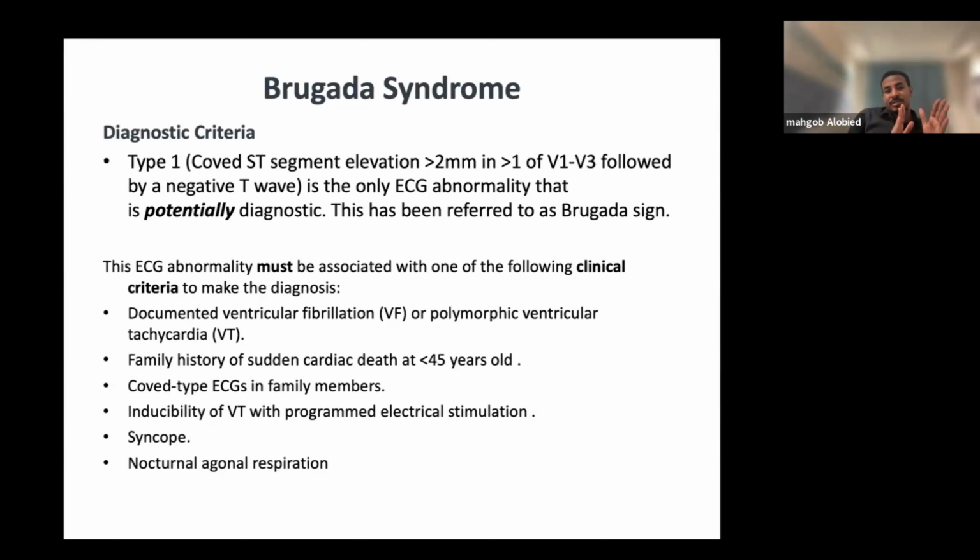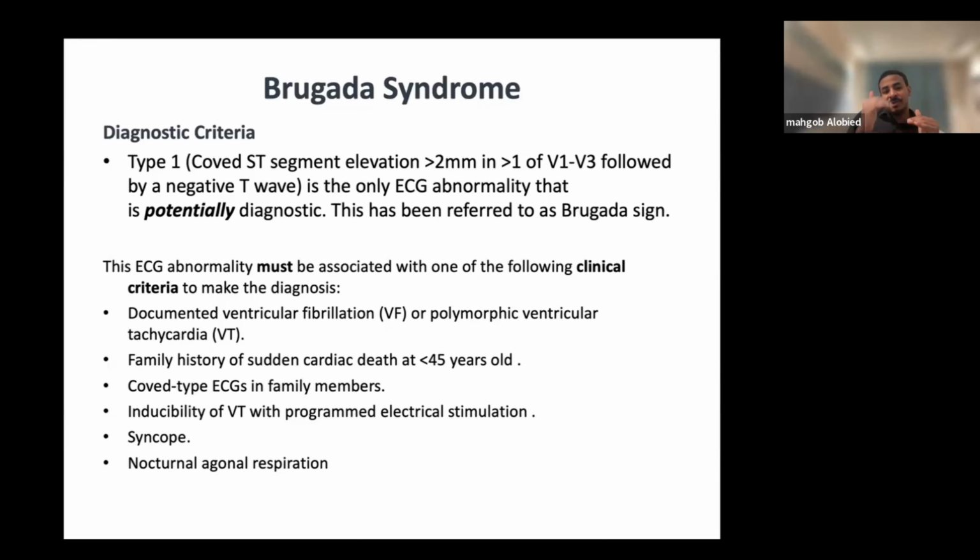The only ECG pattern that you can call a Brugada sign is type 1, which is coved ST segment elevation of more than 2 millimeters in more than one lead of V1 to V3, followed by a negative T wave. This here is just the Brugada sign.